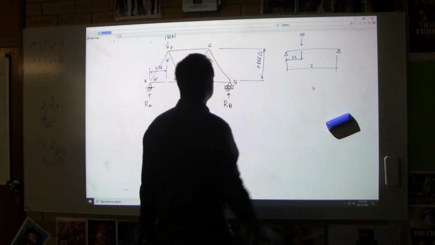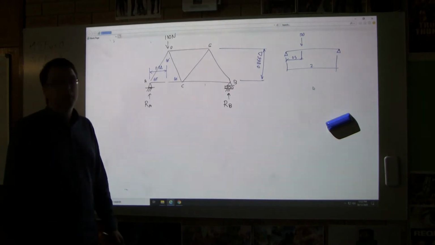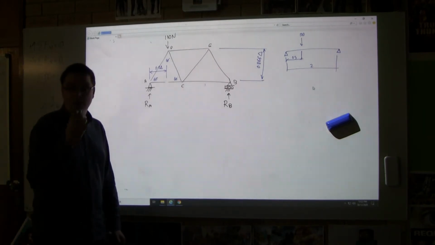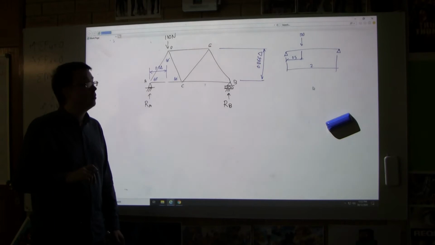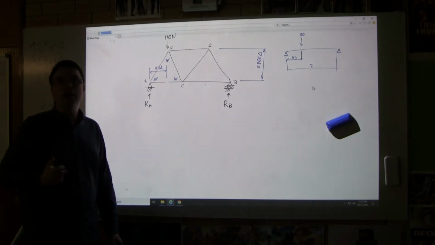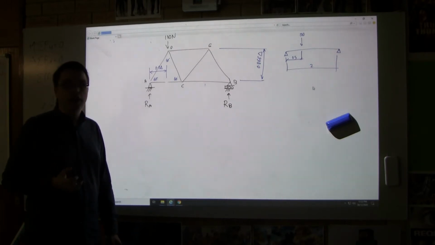So it won't be 50. What's the reaction going to be? Who's taking more load, RA or RB? RA. How much more?